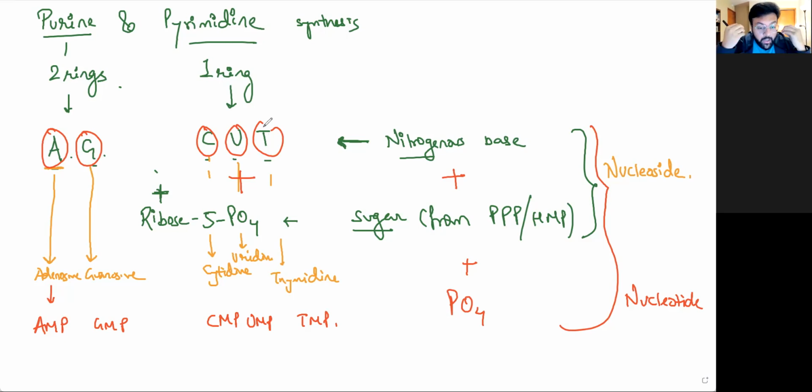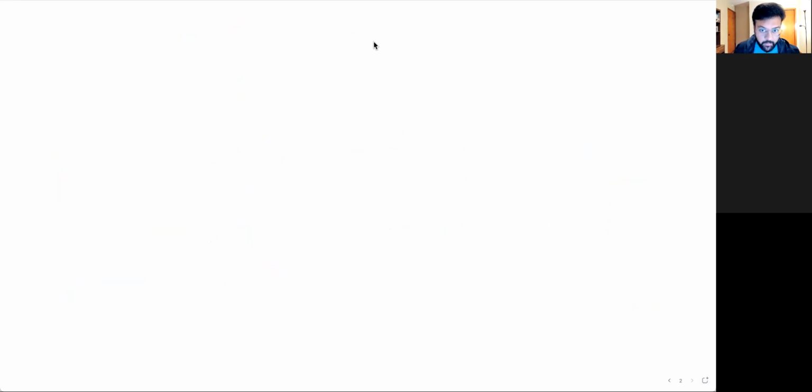If we attach nucleotides together, we form one chain of DNA, and complementary will have the other chain of DNA, and that's how we make DNA. We know what a nucleoside is, we know what a nucleotide is. Let's learn how we make them. This is the whole perspective of what I'm going to talk about today.